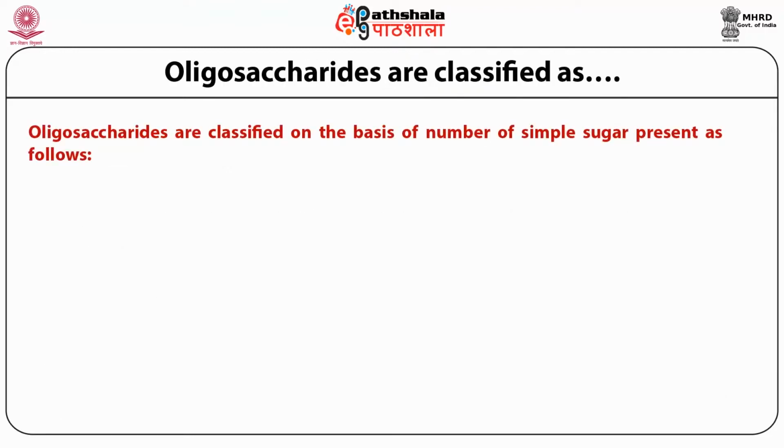Well, oligosaccharides are classified on the basis of the number of simple sugars present as follows: maltotriose, maltotetraose, maltopentaose, linear dextrins, limit dextrins, fructans or fructooligosaccharides.